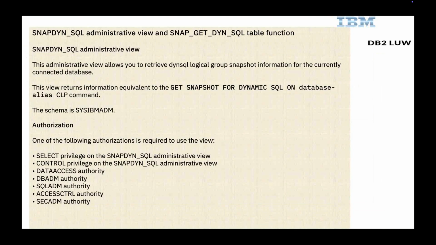This is the old method we were using to get the details on dynamic SQL. The similar thing these views will do, but the added advantage is the overhead is less, and also we can format whatever is needed through SQL. It's a readable format.